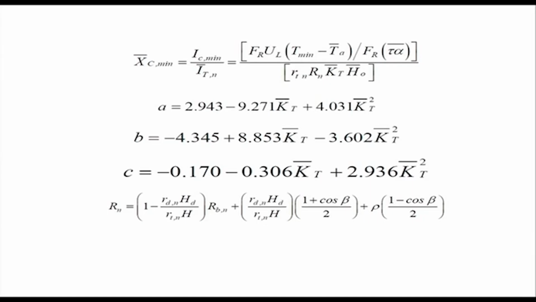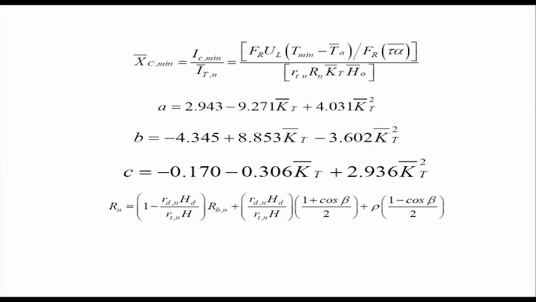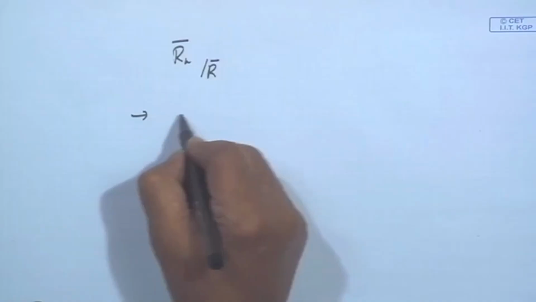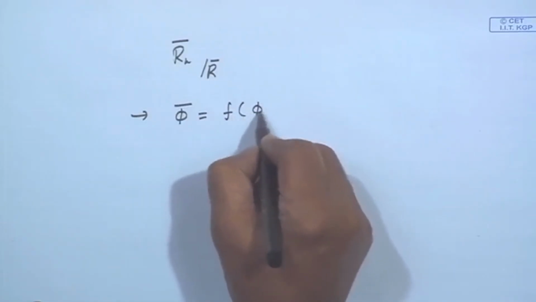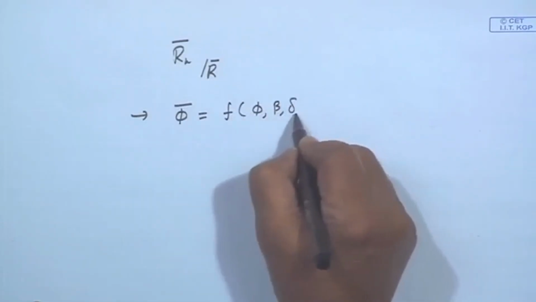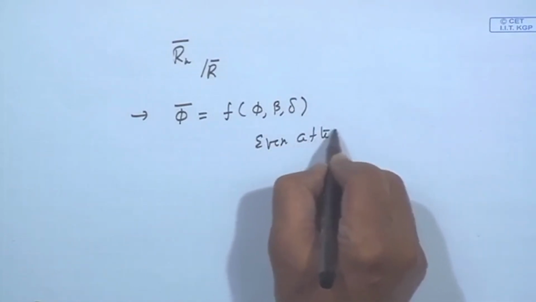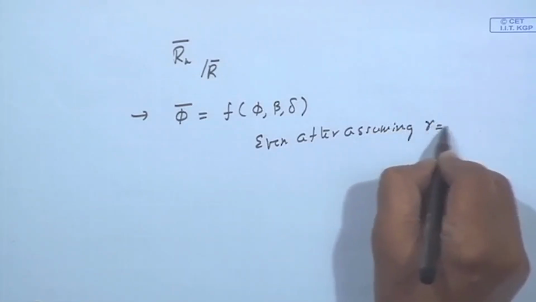The other parameter which you have to see in the phi bar correlation is Rn by R bar. In general, I can expect phi bar, in addition to xc bar etcetera, to be a function of phi, beta, delta, and even gamma, assuming gamma equal to 0.